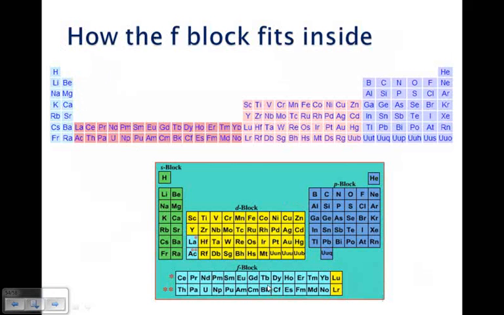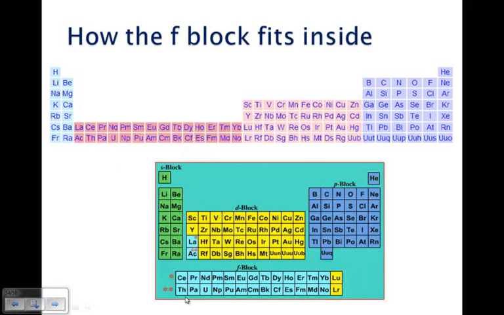We put it down here, and the only reason it goes down here is because if we placed it where it belongs and printed the periodic table this way, it's just too long. It's impractical to print and hang. So what someone decided to do was take out these elements, the f elements, and pull them down.